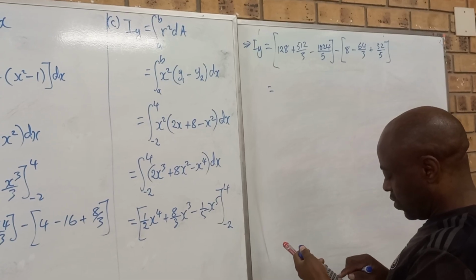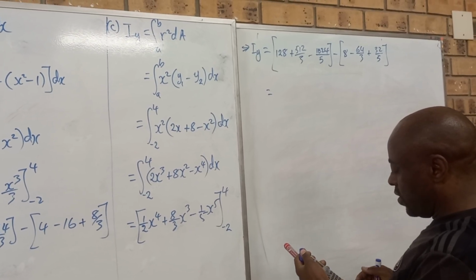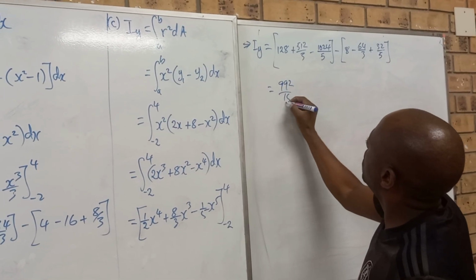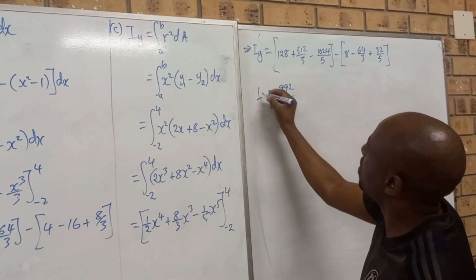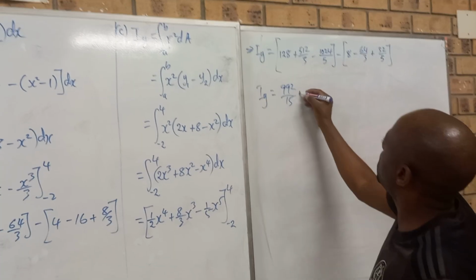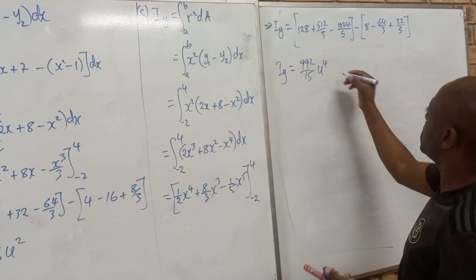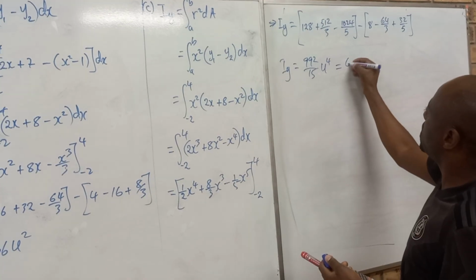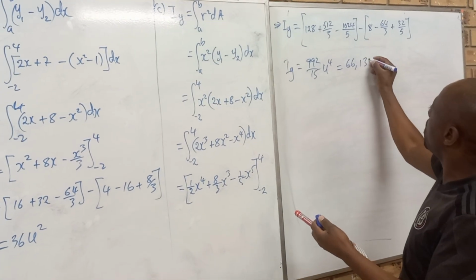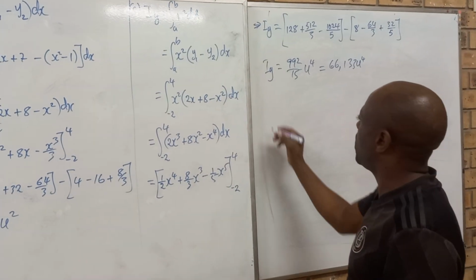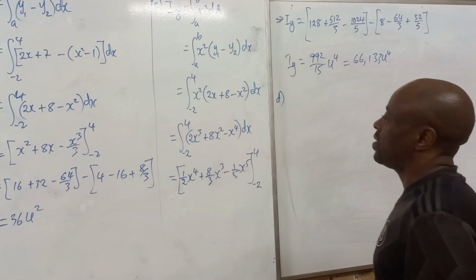Minus 32 on 5. So that gives us 992 over 15. That's our second moment. If you're interested in unit, you can call it u to the power 4. If you prefer decimals, it's still not a problem, which is 66.133 u to the power 4. So that's how you get your second moment about the y-axis.